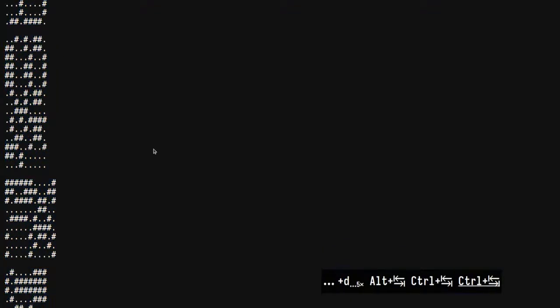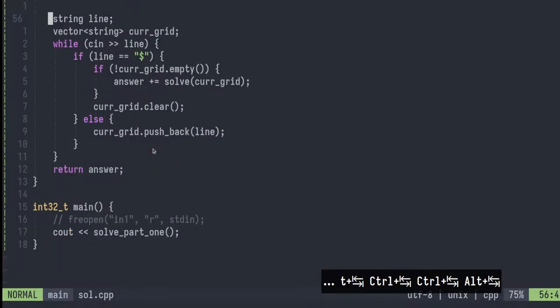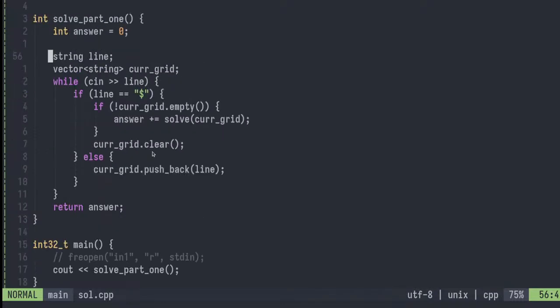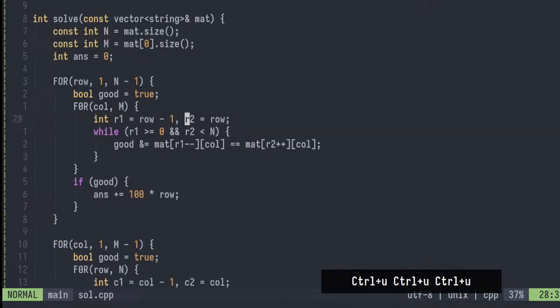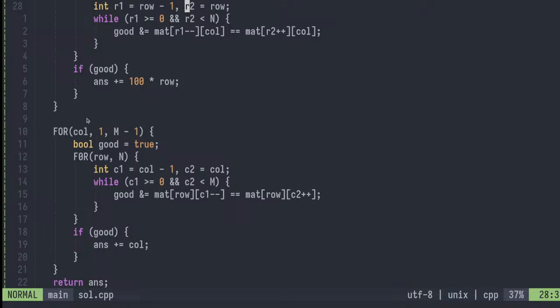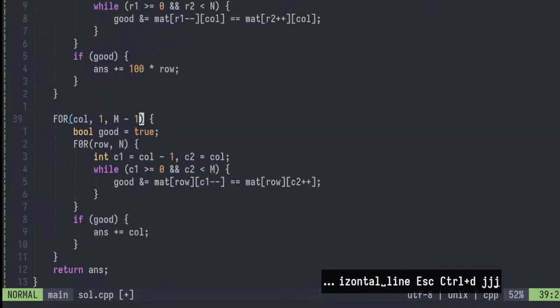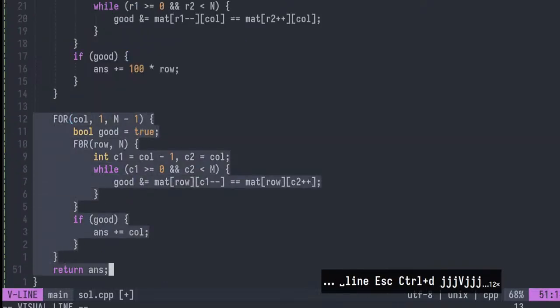I will use a brute force approach. I will do it like this. Send this grid to this function. This is a vertical line, right? So this is, we don't need this anymore.